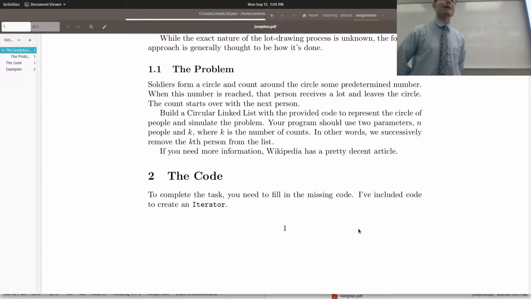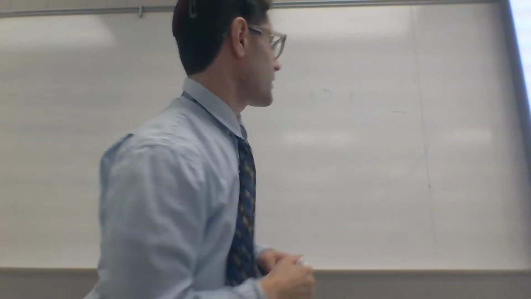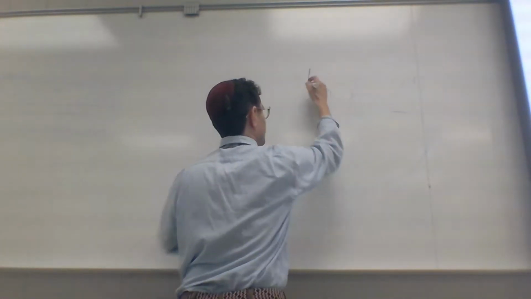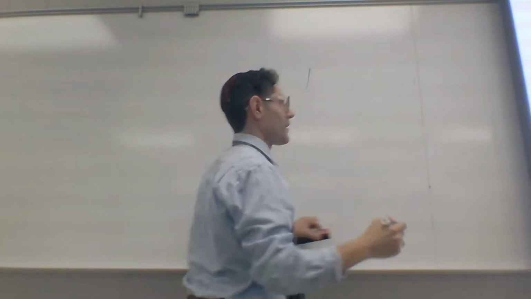We don't know how the soldiers drew lots, but we suppose it worked like this. Suppose you have a bunch of soldiers standing around in a circle, something like this. I'm going to use 1, 2, 3, 4, 5 rather than starting from 0.